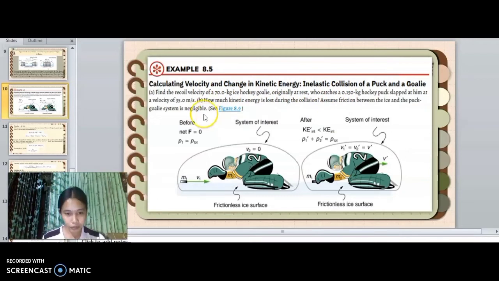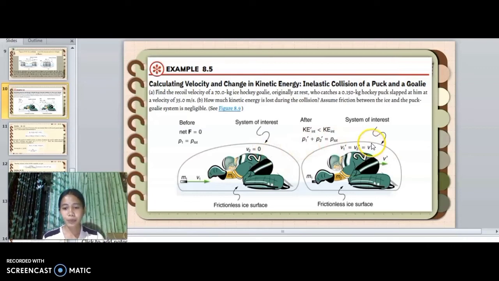So now our before, again, there is no net force, so that would be 0, and our momentum is P1 equals P total. So in before, our mass 1 is approaching the ice hockey goalie, and our ice hockey goalie is at rest, so that would be v2 equals 0.